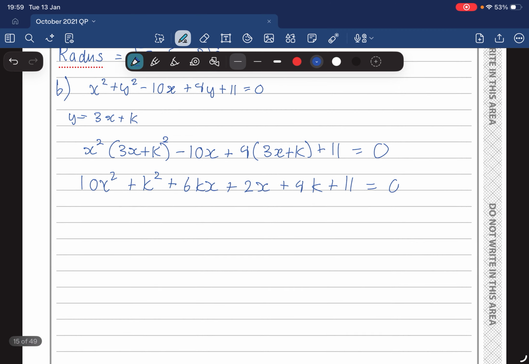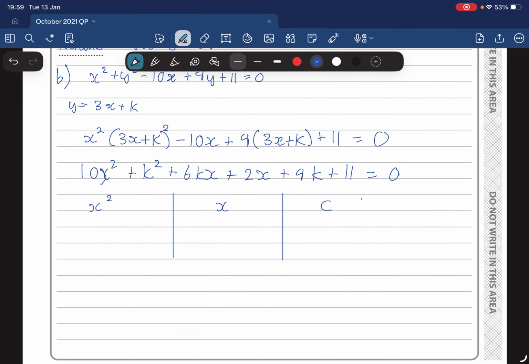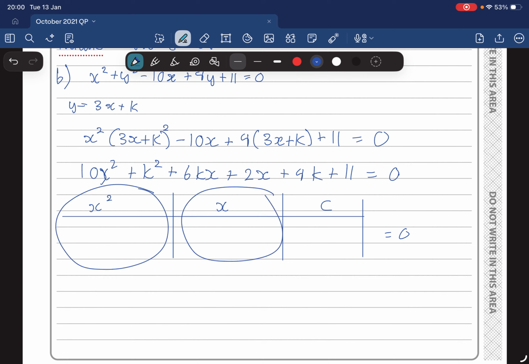Great. Now, what we want to do at this point is you realize it's all a quadratic. The final power is a quadratic. So we'll assign each section into what it is, if that makes sense. That is the quadratic part, that is the x part, and that is the constant.